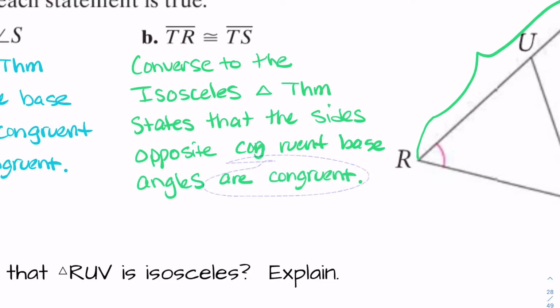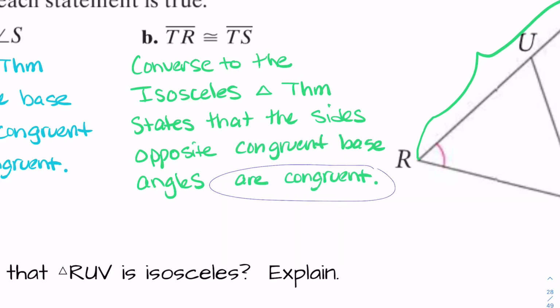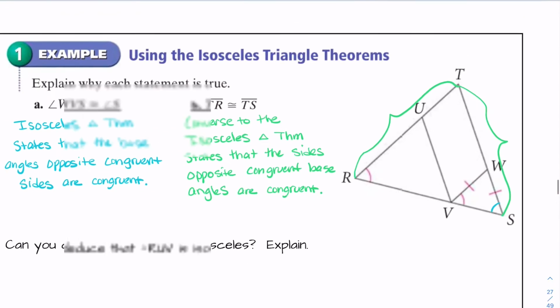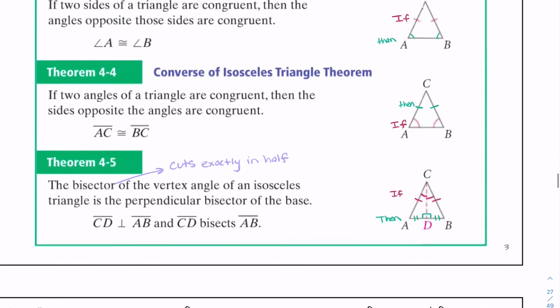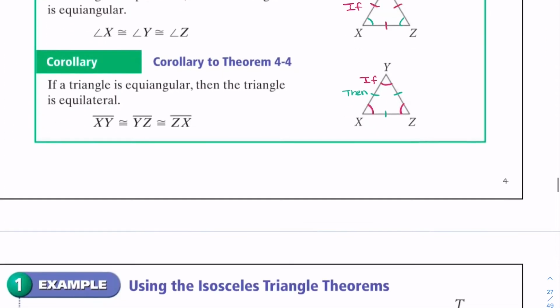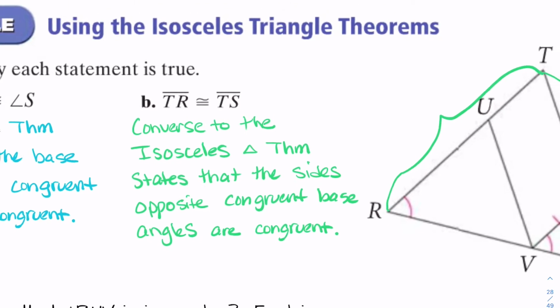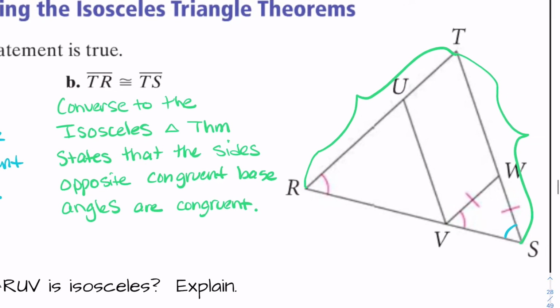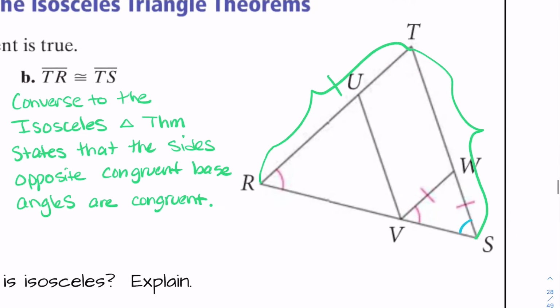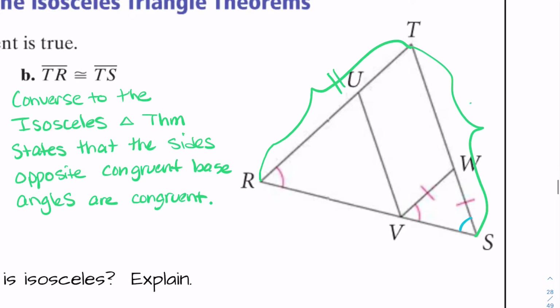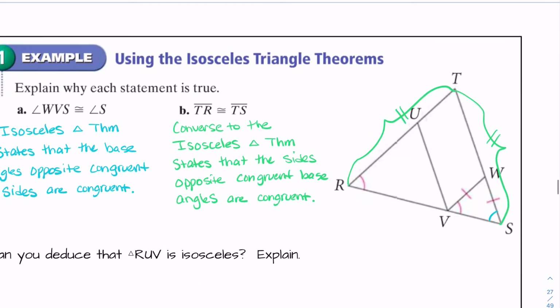Now I'll give you a second to write that. Let me just make sure that that one's the converse. Yep, the sides are congruent. So the converse to the isosceles triangle theorem states that the sides opposite congruent base angles are congruent. Good. Put a little tick mark here and a tick mark here. It's hard to represent the whole side.